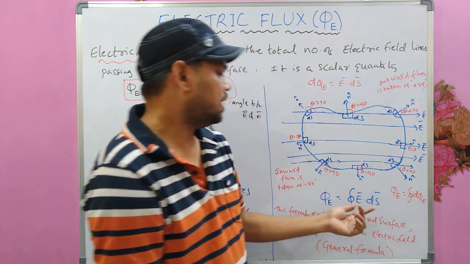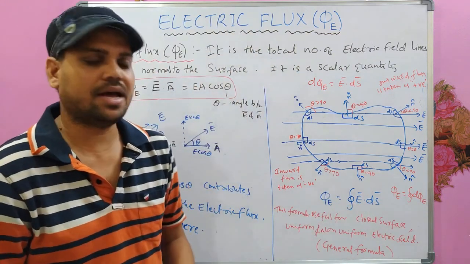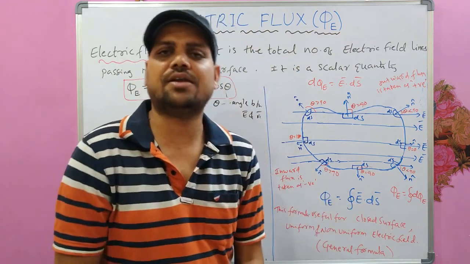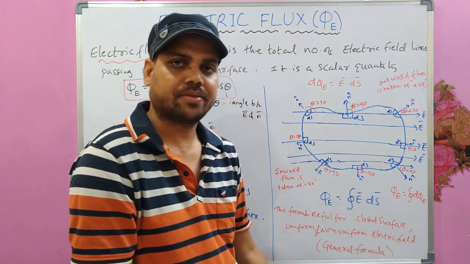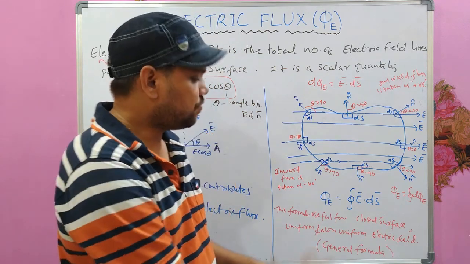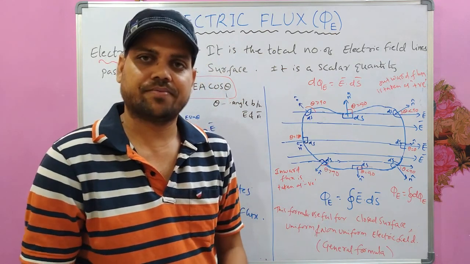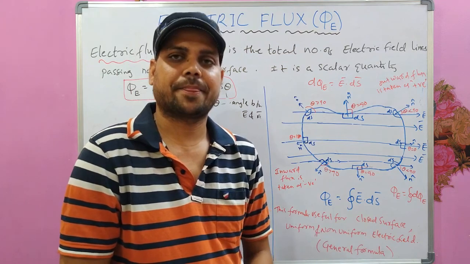So this formula is a general formula, which we can use for any surface, closed or open, and for uniform or non-uniform electric field, whatever. This is a general formula.